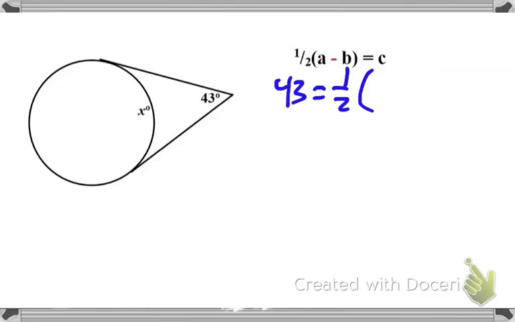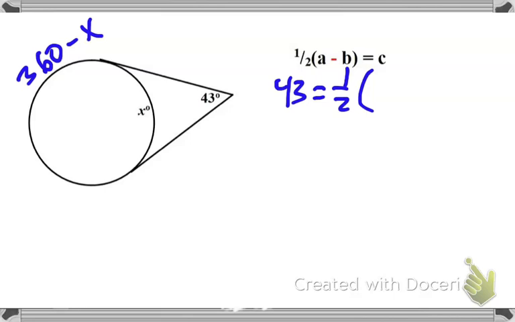So how are we going to do this if we don't know either one? Well, we can figure this out because we know the entire circle. The measure of the entire circle is 360 degrees. This little bit is x, so the rest of the circle, this part here, must be everything else. So this over here is 360 minus x. So let's just put that in here.